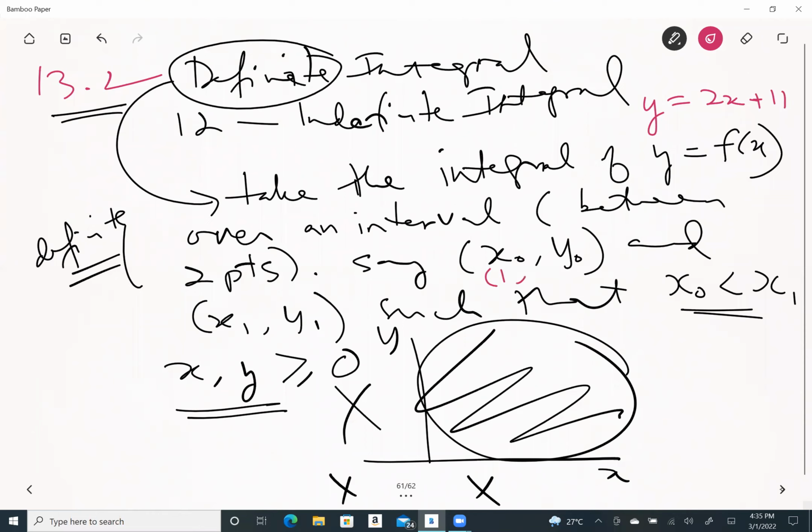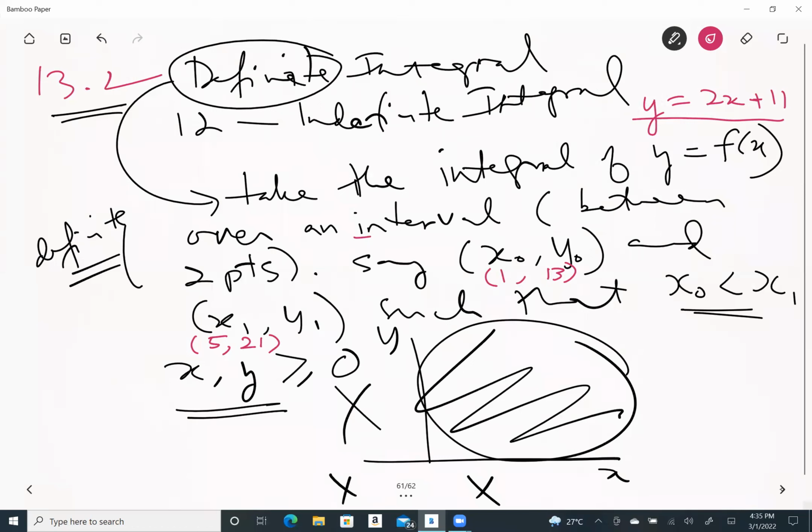When x equal to 1, we follow this equation. When x is equal to 1, y equal to what? 11 plus 2, 13. And then say the other point, say 5. When x equal to 5, 5 times 2, 10, 10 plus 11, 21.